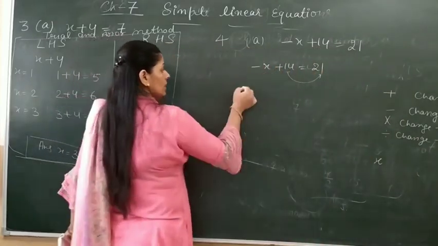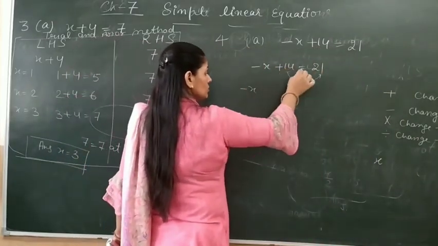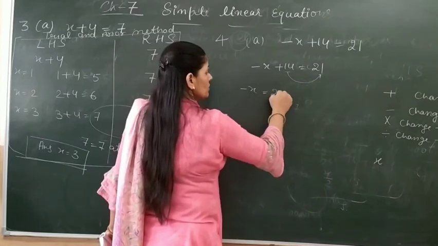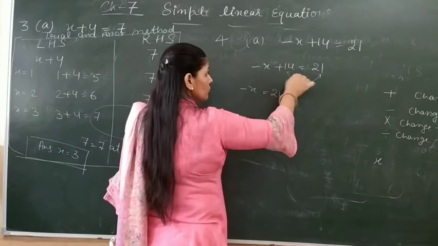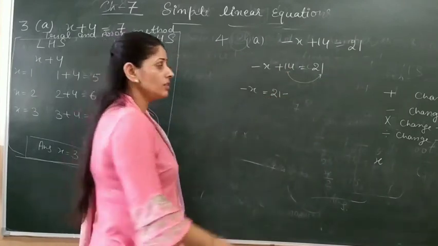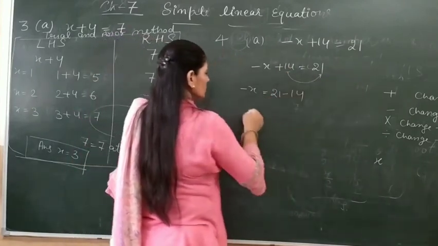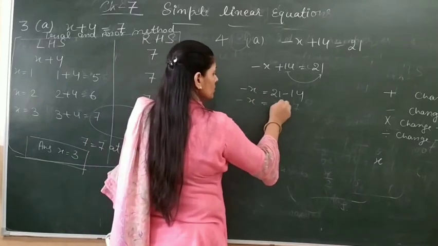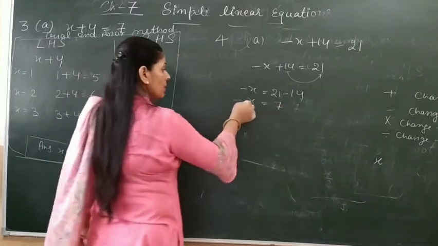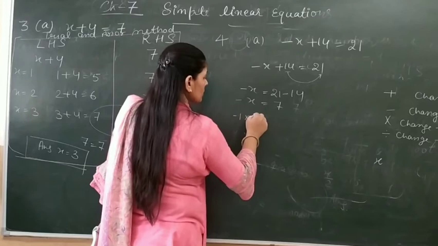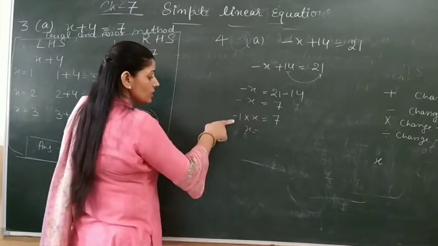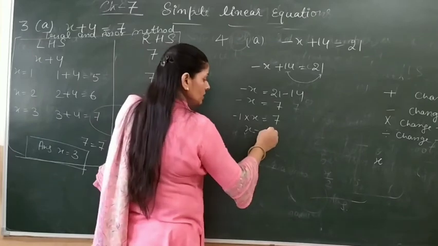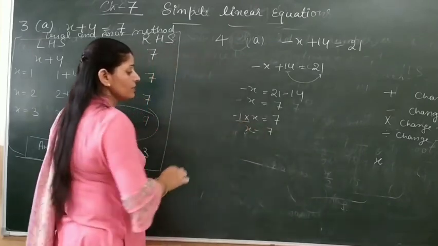So minus x, we are changing 14, 21, 14 is positive here. If 14 is going to right hand side, then it becomes negative. So minus x is equal to 7, and minus x means minus 1 into x. If minus 1 is moving to right hand side, then here it is multiplied with x.